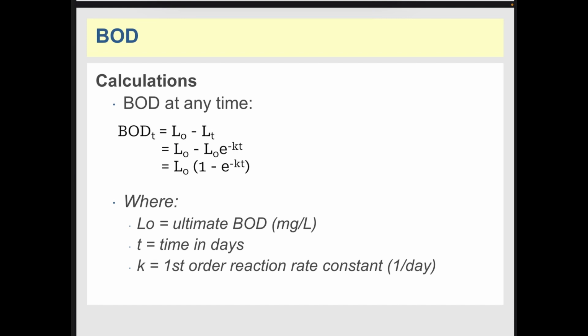K is a constant, in units of 1 over day, or per day. The most important formula here is the last one, which is L0 times 1 minus e to the negative KT.